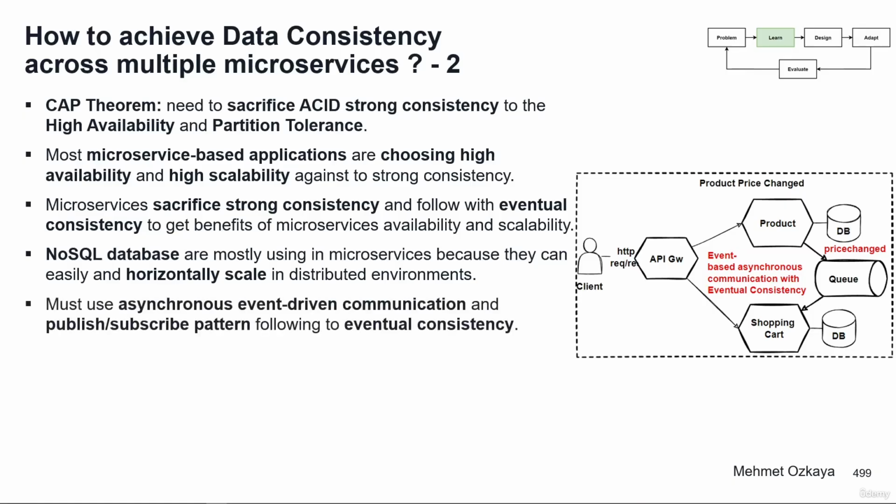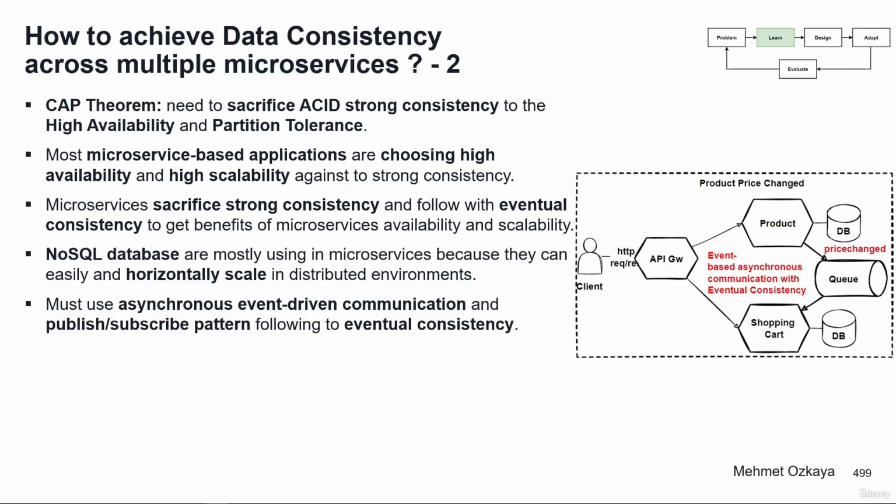As a result, we said that even in distributed architectures, maintaining data consistency across microservices is crucial. In order to solve this issue, we have to use asynchronous event-driven communication and the publish-subscribe pattern, following eventual consistency. At this point, you can revisit the microservices asynchronous communication section to learn all related patterns like publish-subscribe and so on.